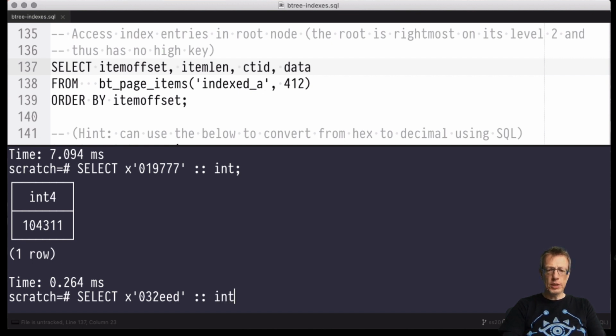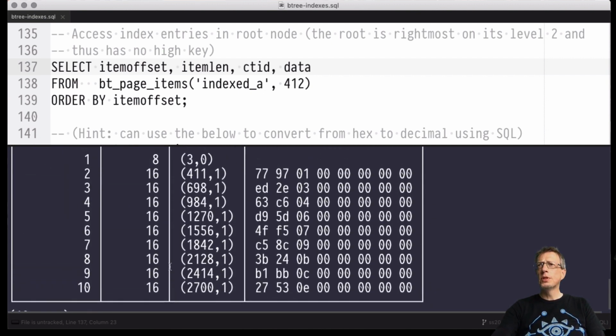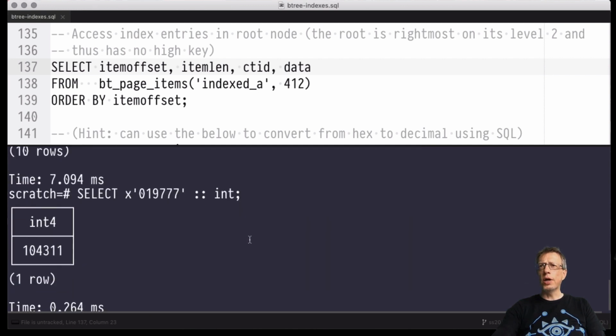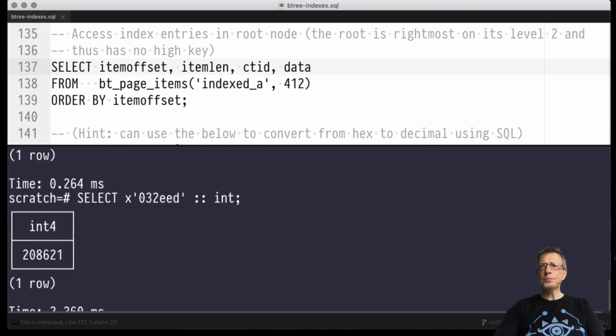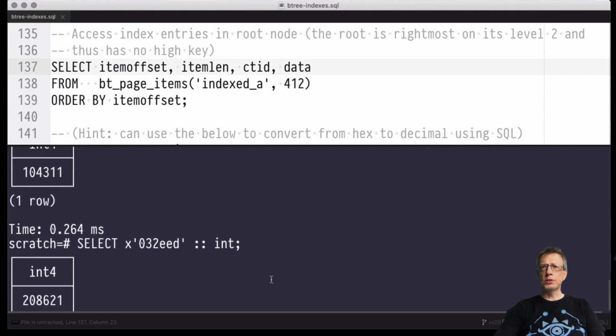If I'm not mistaken, let me check that. 032EED. All right. So these are the K1 and K2 separator values that we have seen on the slide.